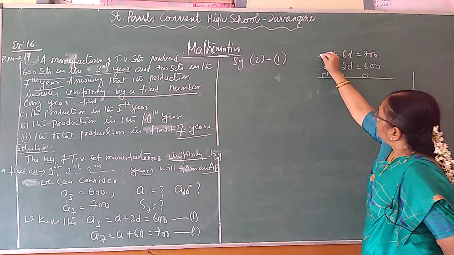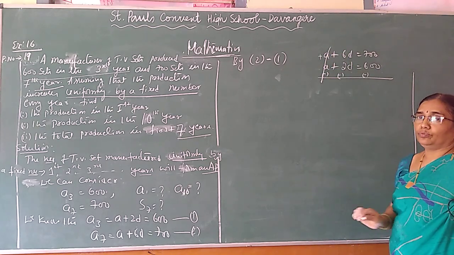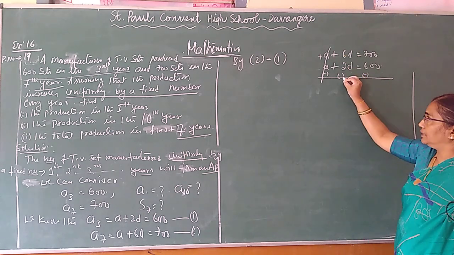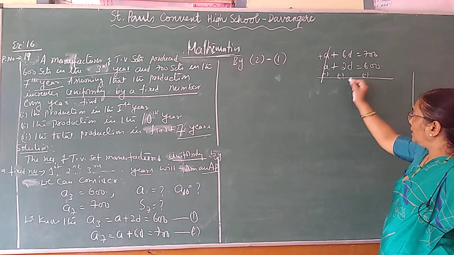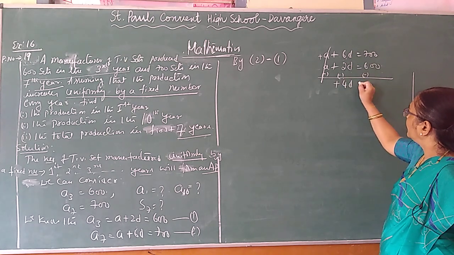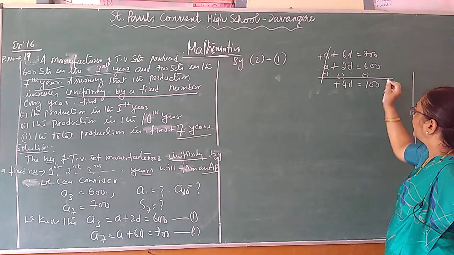So this is plus, this is minus. A minus A cancels, because it is 0. Then 6D minus 2D, so we get plus 4D. And 700 minus 600 gives 100.